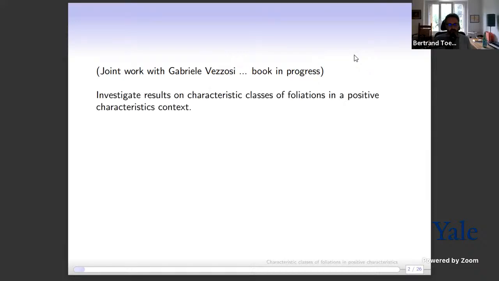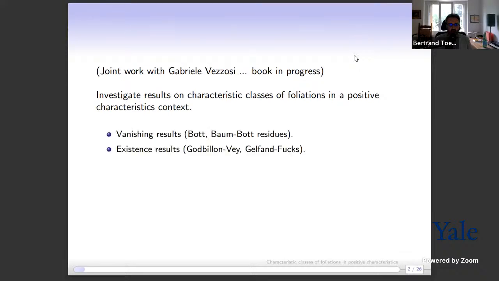And what I want to talk about today is this specific question of what can we say about characteristic classes of foliations in a positive characteristic context. So typically, I'm going to be interested in two kinds of results. There are the vanishing results, like Bott vanishing or the existence of residues by Baum–Bott.